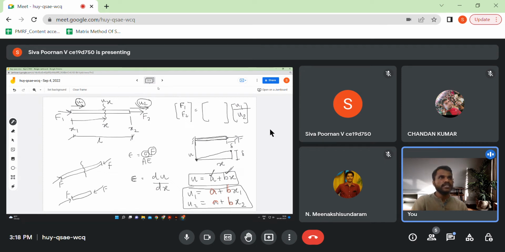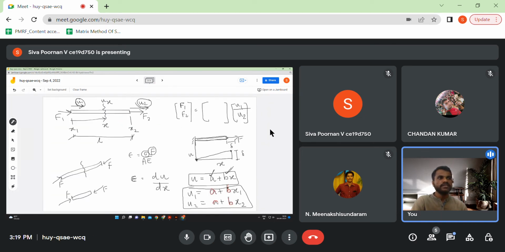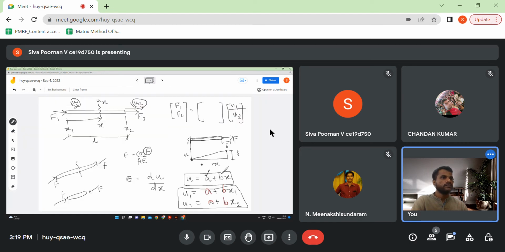Similarly, can someone solve for a? How do I solve for a? I can substitute in any one equation to get a. Let me take the first equation, u1 is equal to a plus b into x1. I already know b, so I substitute it here: u2 minus u1 divided by L into x1.